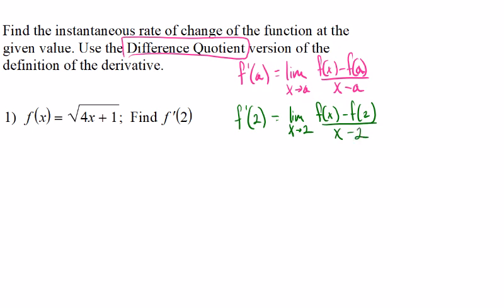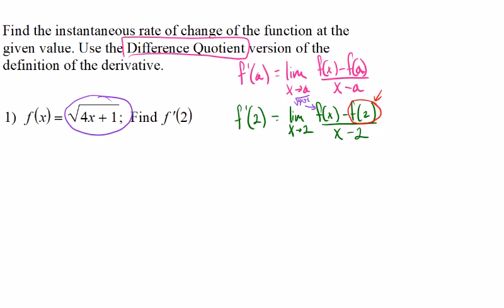So I'm just putting 2 in place of all the a's. And now I just need to plug in 2 things. One is f of x, so I'm going to put that root 4x plus 1 in there. And then the other thing we have to find is f of 2.